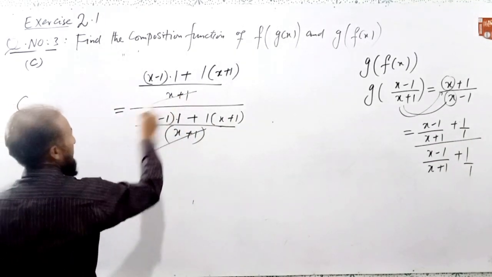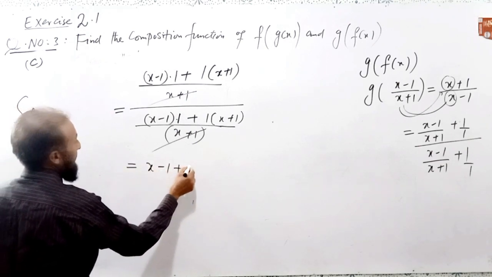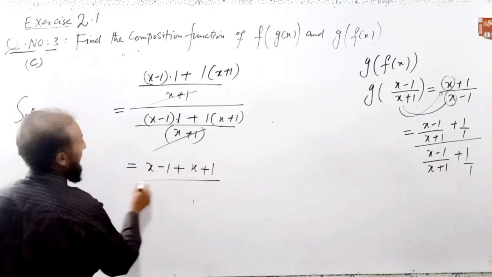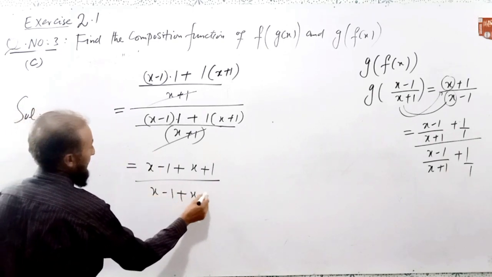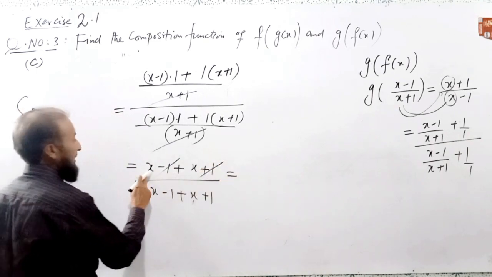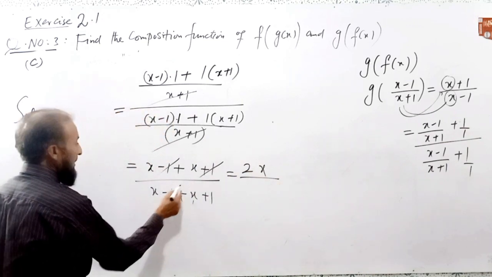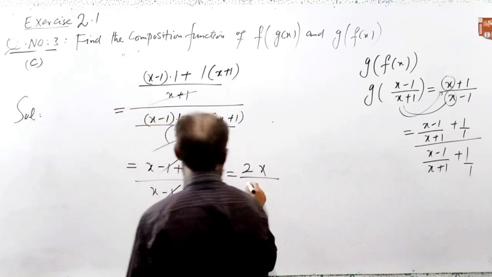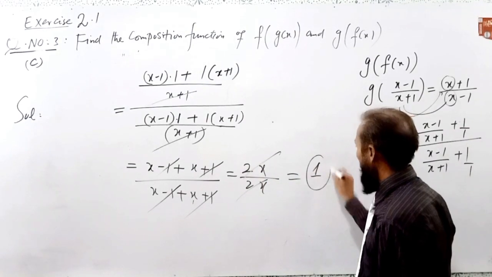X plus 1 is cancelled. So open the terms: x minus 1 plus x plus 1 divided by x minus 1 plus x plus 1. Minus 1 plus 1 is cancelled. X plus x, we get 2x divided by 2x, so both are cancelled. So the result is 1.